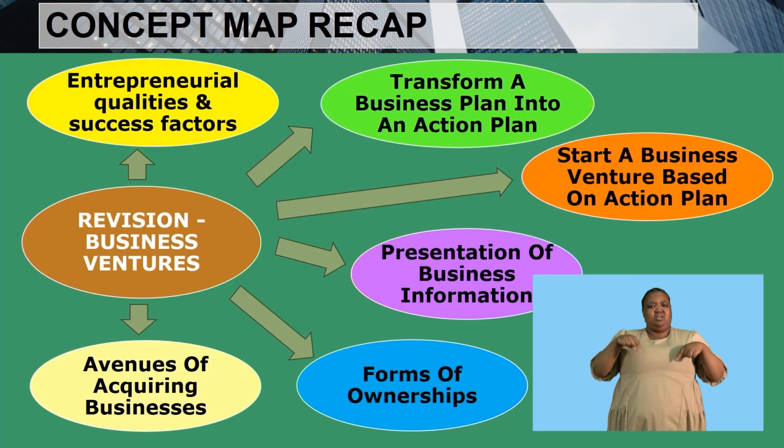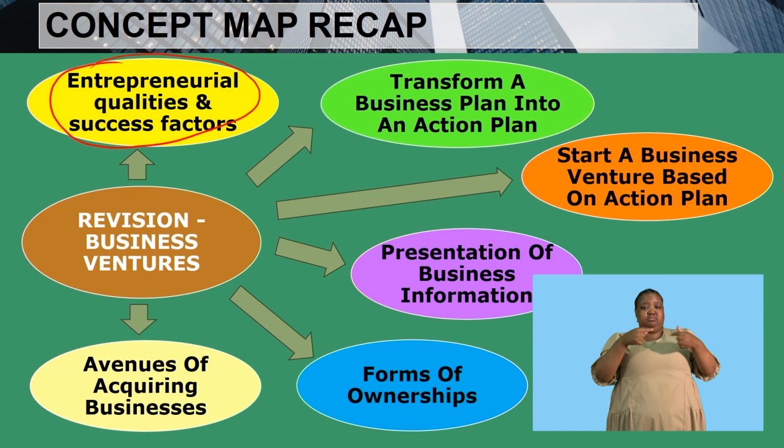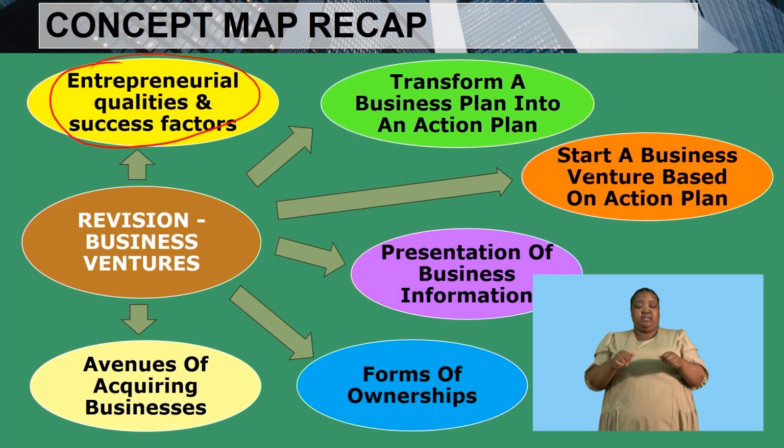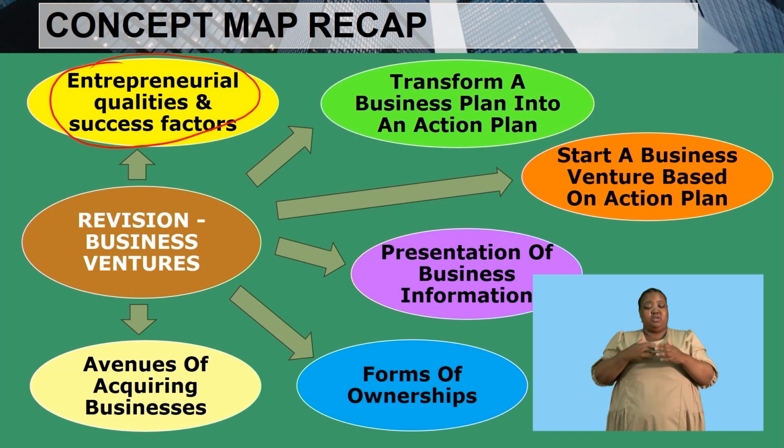Now, remember that in the previous lesson, we discussed entrepreneurial qualities and their success factors. We also looked at transforming a business plan into an action plan, starting a business venture based on an action plan, as well as presentation of business information.